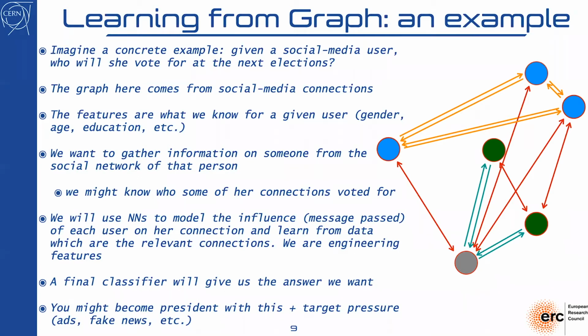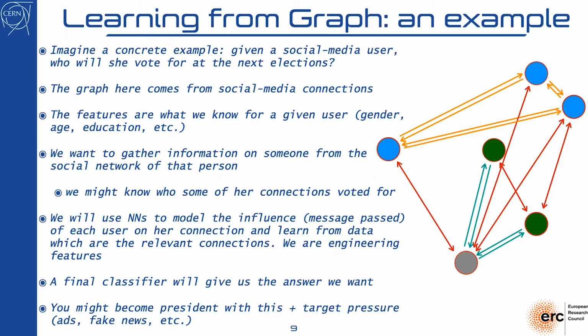So what do you want to do? You want to sit on a specific position in your graph, so on one user, and you want to gather information from the connections. The information is a message that would be some function of the information that you have about this person and the information that you have about the person of the connection.